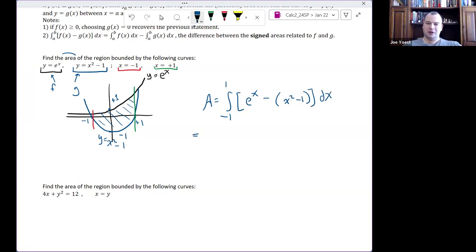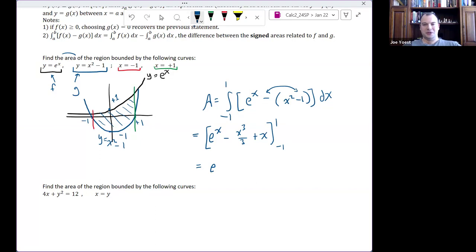And of course, fundamental theorem of calculus, right? We just integrate term by term. We get e to the x minus x cubed over 3, and then +1 integrates to plus x, from -1 to 1. Evaluate this at 1, subtract off evaluating this at -1. That's what the shorthand notation means.